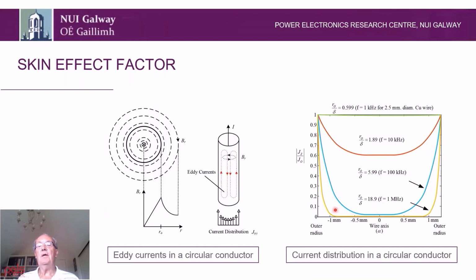And finally, when I look at 1 megahertz, you can see that all the current is on the outside here and there's no current in the middle. So to all intents and purposes, we could use a hollow conductor here. And this outside edge here is called the skin depth. So it's really a measure of the thickness of the outside layer where all the current flows. We can probably see it a little bit better in the next slide.